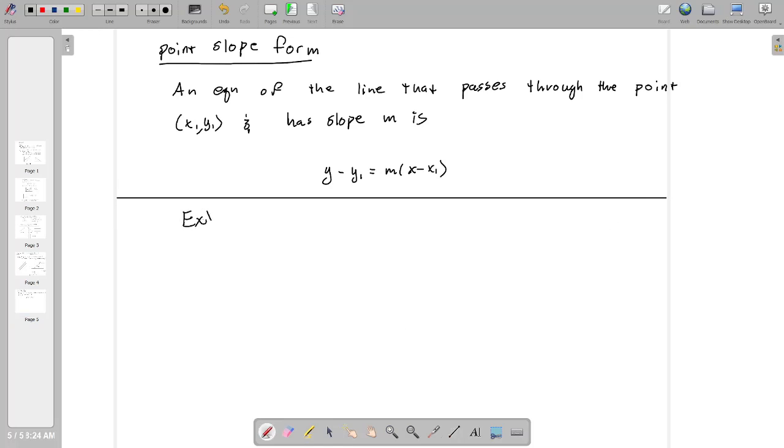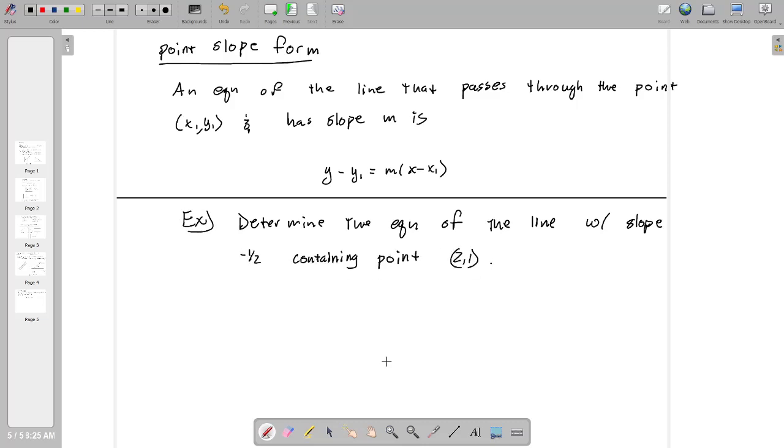An example here. Determine the equation of the line with slope -1/2 containing the point (2, 1). So our point is (x1, y1). So we'll plug that in just by pattern matching alone. And our slope is -1/2. That's what m represents here. M is the slope.